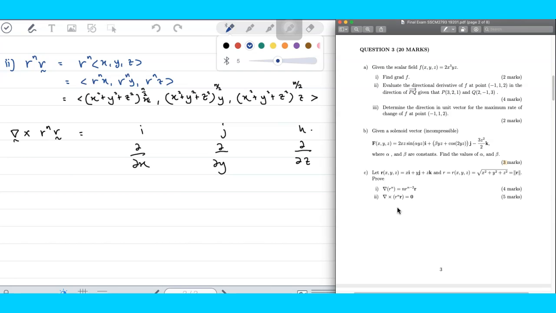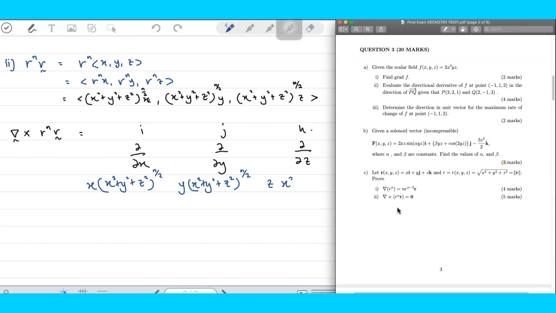The components here are x times (x squared plus y squared plus z squared) to the power of n over 2, then y times (x squared plus y squared plus z squared) to the power of n over 2, and then z times (x squared plus y squared plus z squared) to the power of n over 2.